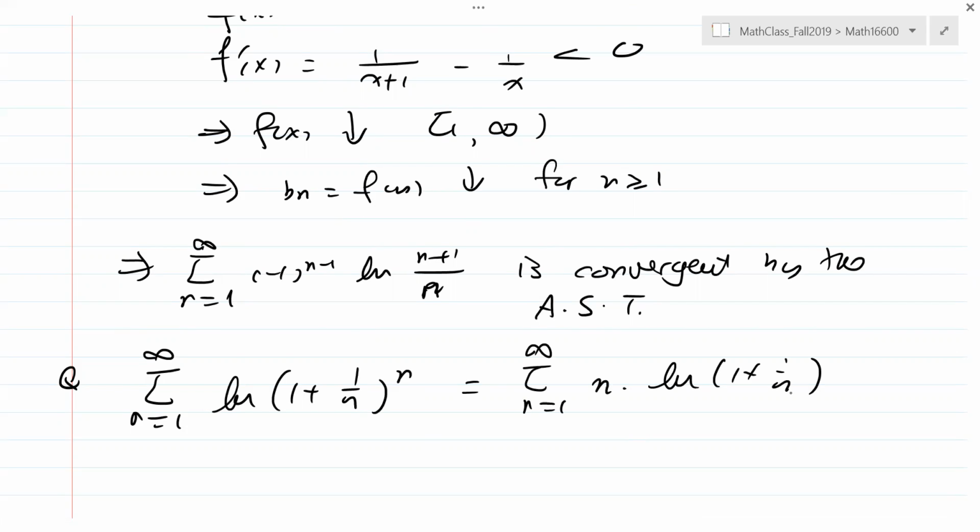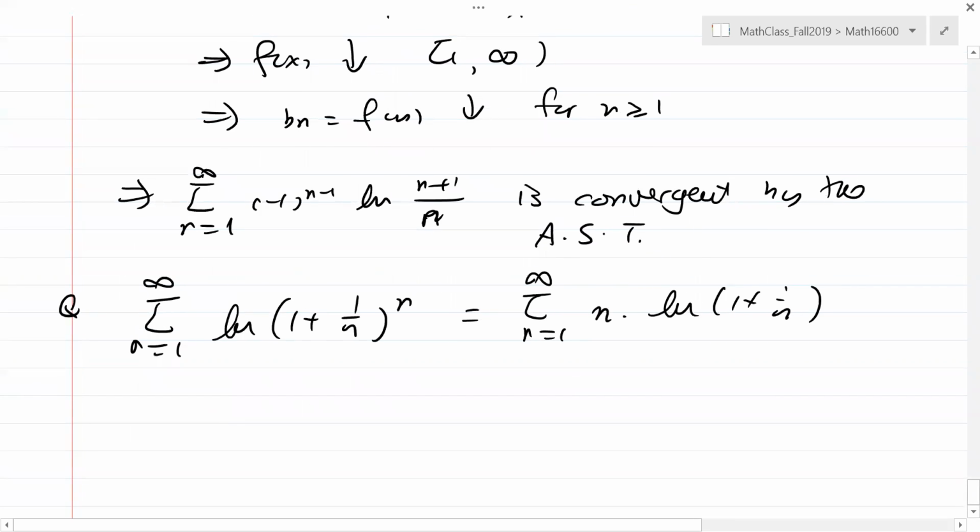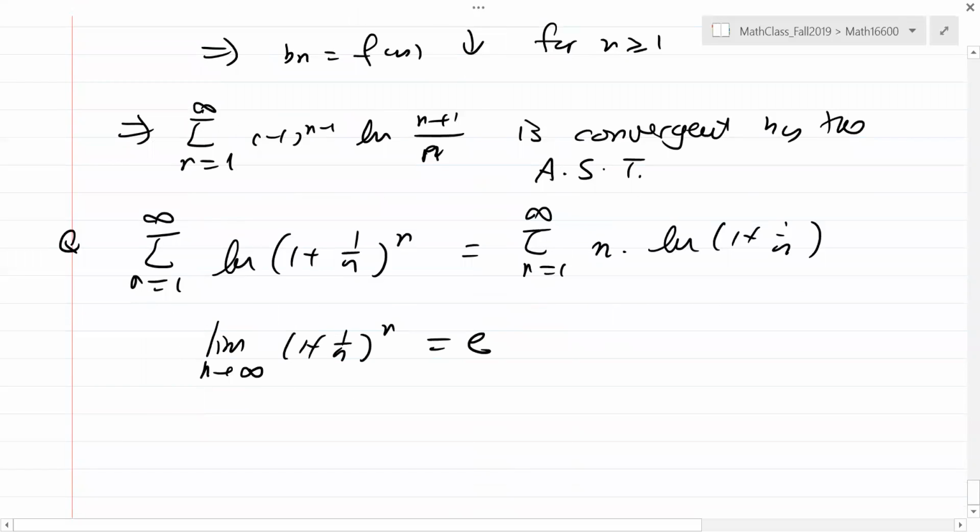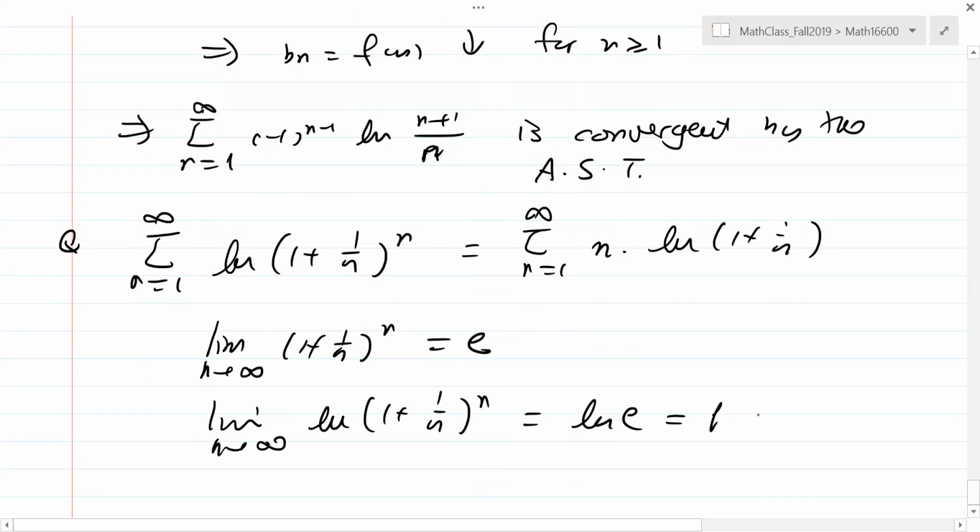This is divergent. The reason it's divergent is because the limit as n approaches infinity of 1 plus 1 over n to the power n is going to be e. This is well known. You can do it a different way, but you can quote this fact. So the limit of this is going to be natural log of e, which is going to be 1. It's not going to be 0.